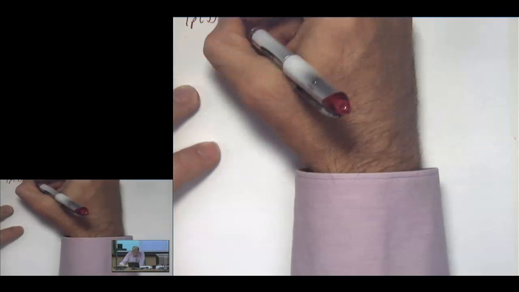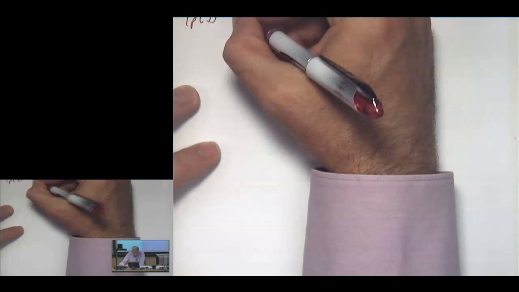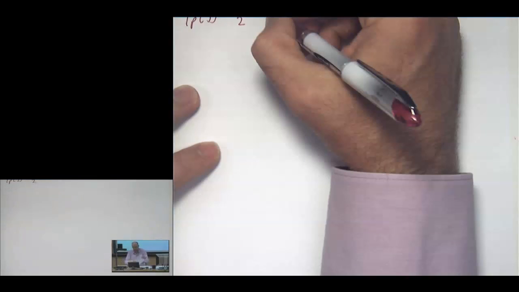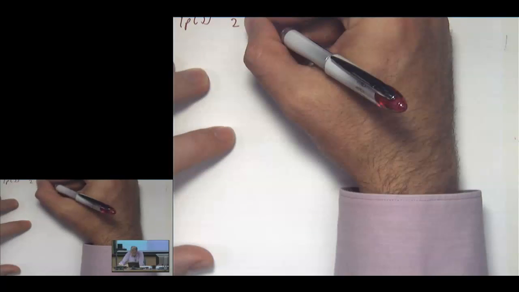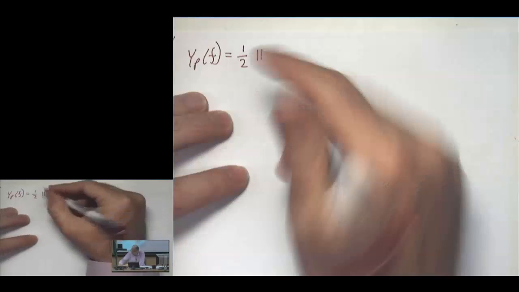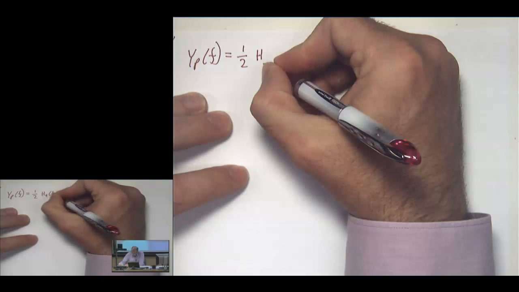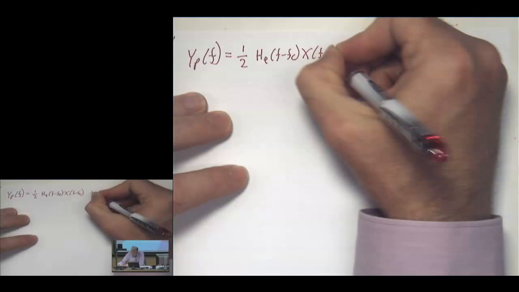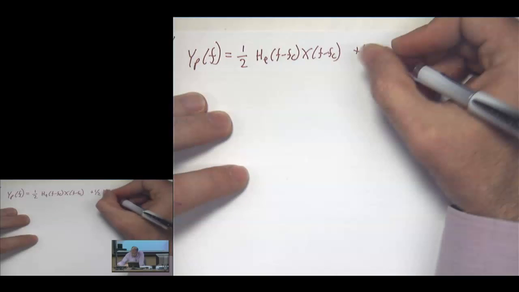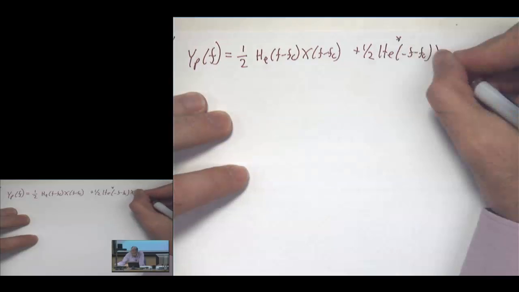Okay, so we can rewrite Y_p of f, and this comes from the Fourier transform relationship in the last lecture here. That's 1/2 of what this is in the frequency domain, shifted by the carrier, plus its mirror image. So we get 1/2 H_b of f minus f_c, X_b of f minus f_c, plus 1/2 H_b star of minus f minus f_c, X_b star of minus f minus f_c.